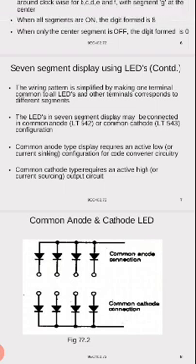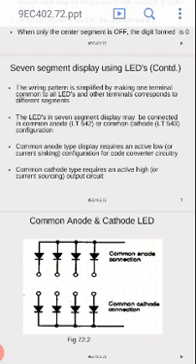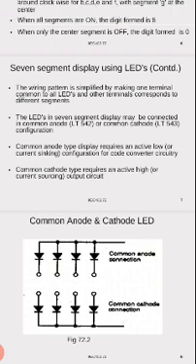Here towards common anode connection, four LEDs are shown, and towards common cathode connection, four LEDs are shown.